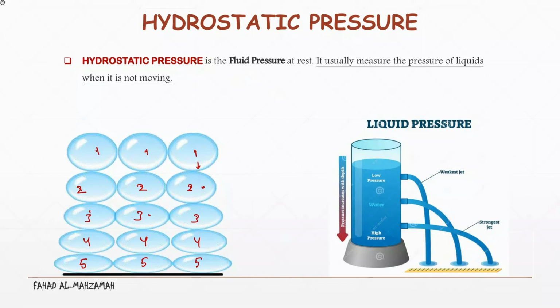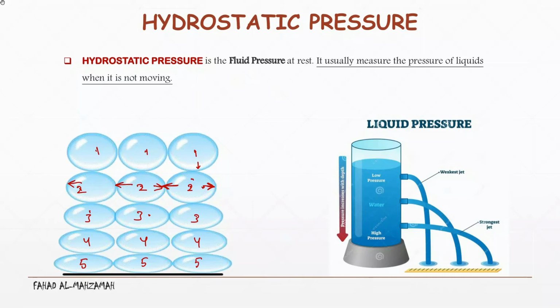So when this molecule deforms its shape, it will exert pressure on the sides of the molecule itself. So it will touch the wall and it will touch the neighbor molecule. Same thing for that molecule, it will touch the neighbor molecule, and the other molecule will touch the other wall, and so on.